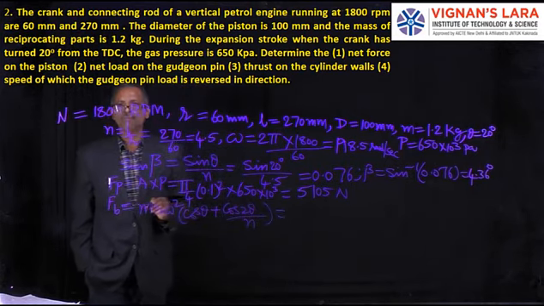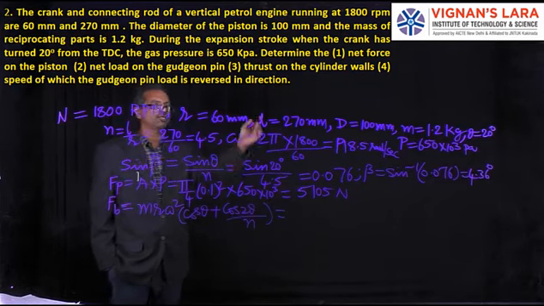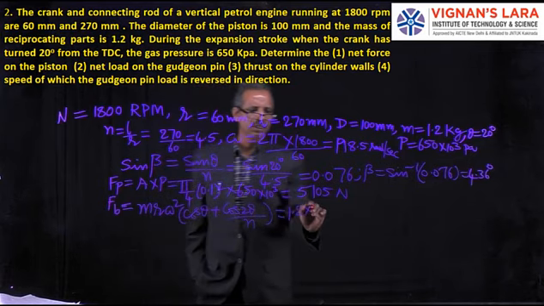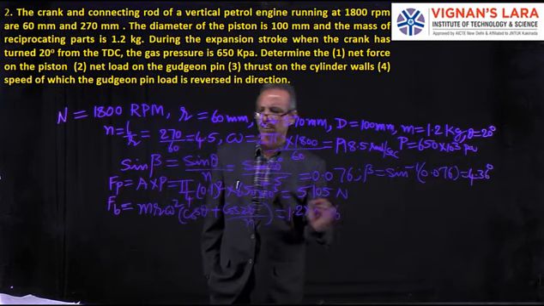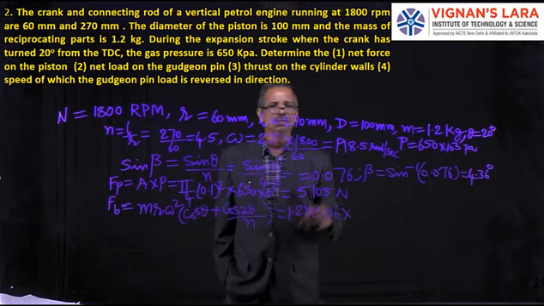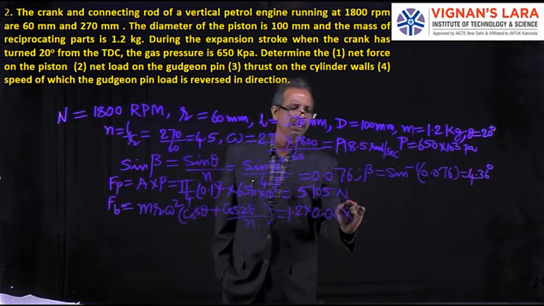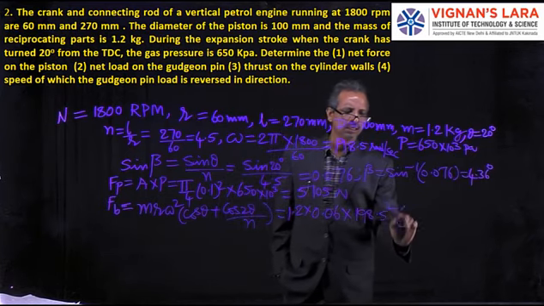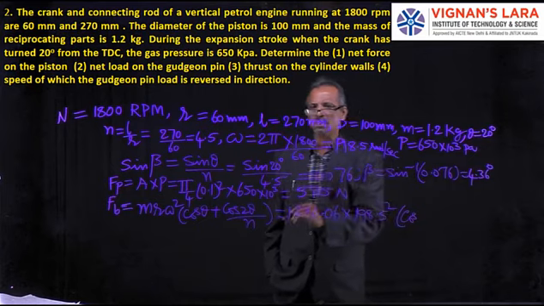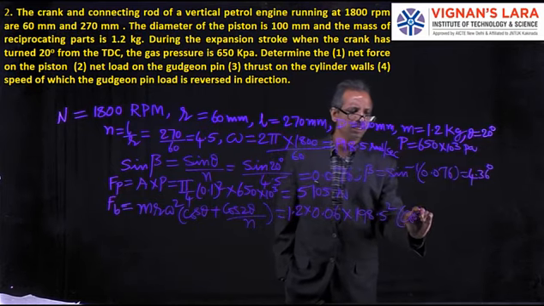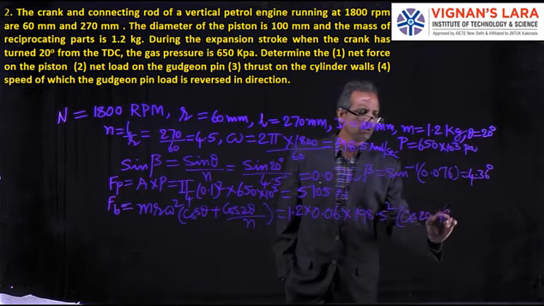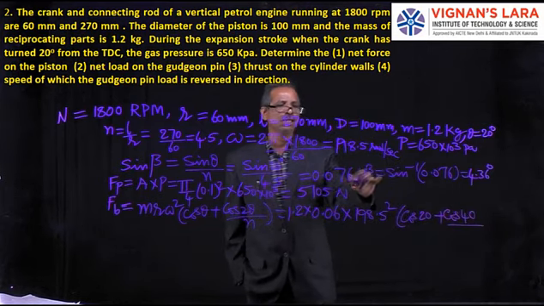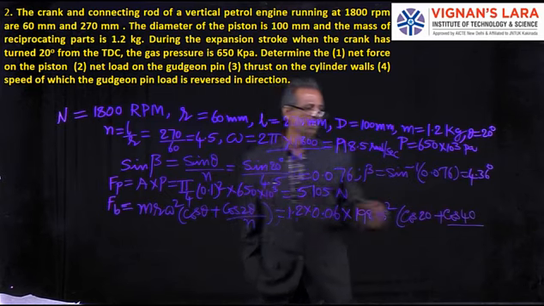What is m? Mass of the reciprocating parts, 1.2, and radius 60 mm, that is 0.06, omega 198.5 square, cos theta, given as 20, cos 2 theta, cos 40, and n is 4.5.